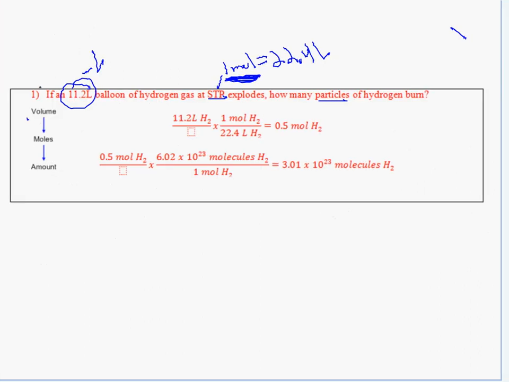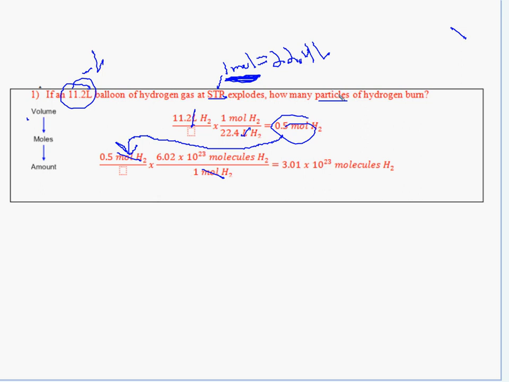Alright, so what's this say here? 11.2 liters. We do the STP thing, liters cancels, we get 0.5 moles H2. Then I guess we do another one. Moles has to cancel.